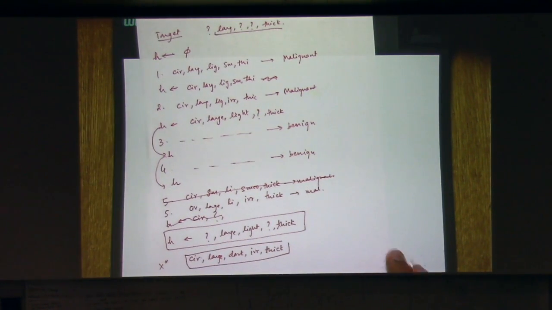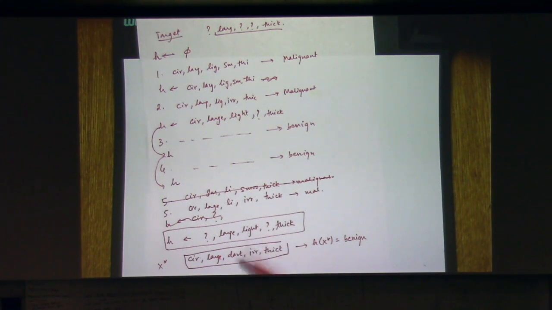So this is our new data. What will this concept call this? Benign, right? It will call it not part of the concept, so H of X star will be equal to benign, or not part of the concept, because it doesn't agree on one of these things.